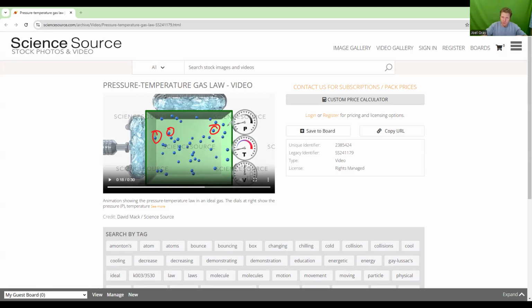When the temperature went up, the number of collisions went up. When the volume went down, the number of collisions went up. When the number of collisions goes down, they're not hitting the walls.